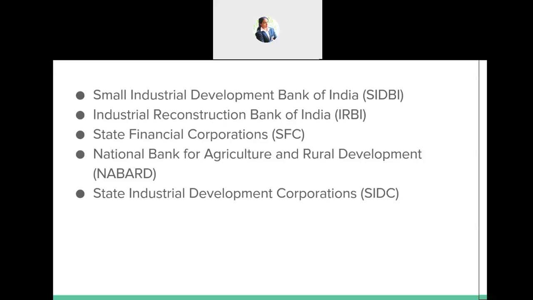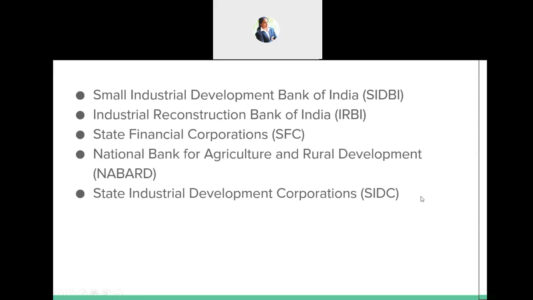So, in today's first session, we have discussed working capital, different types of short-term sources of working capital and also long-term working capital, and 7 of the institutions which help in bringing this working capital finance.